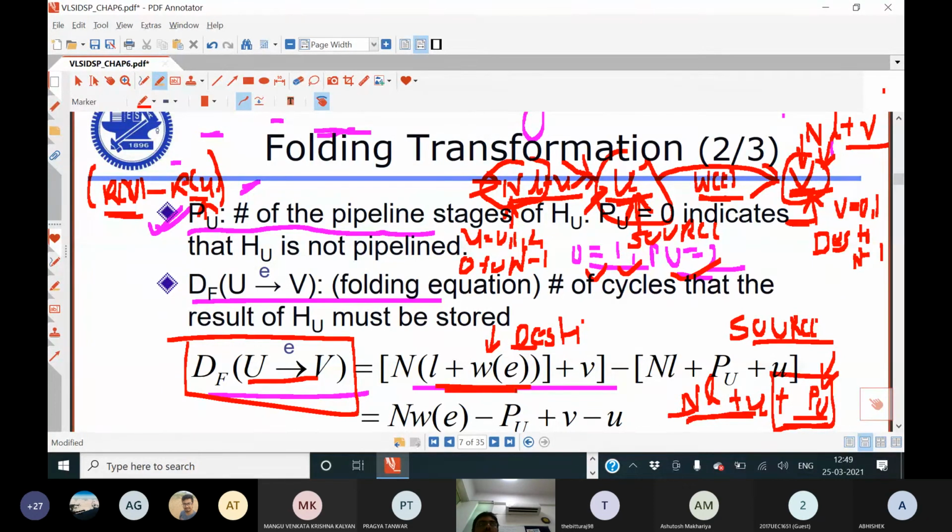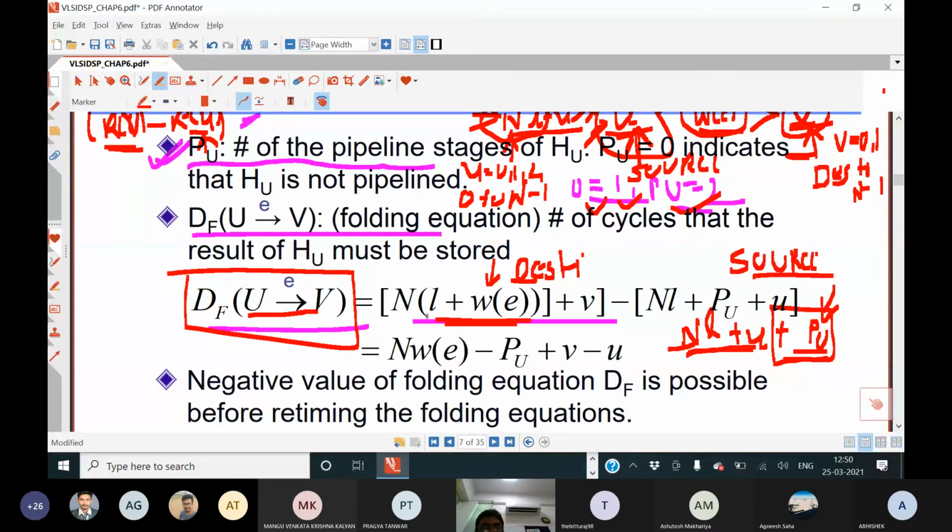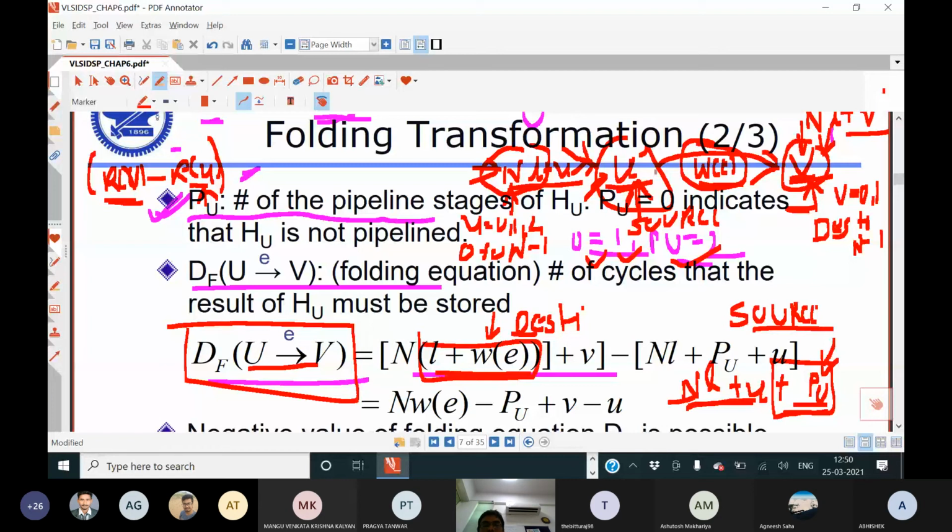Now why are we adding WE? Because the execution of V depends upon when U is completed, plus every time this WE delay will be added, and then V will start its execution. So NL plus WE, this is very important that you understand. For every time U is executed, the WE delay will be added and then V will start its execution.